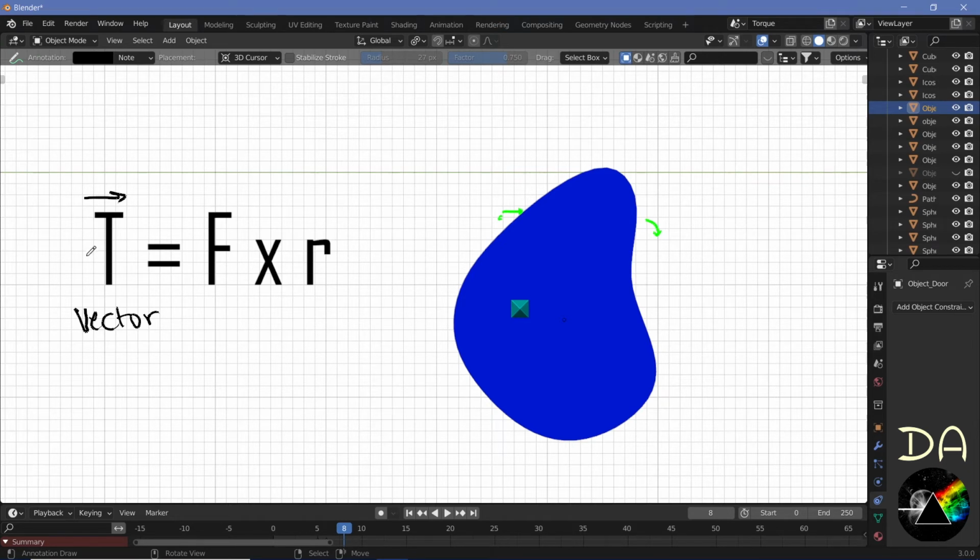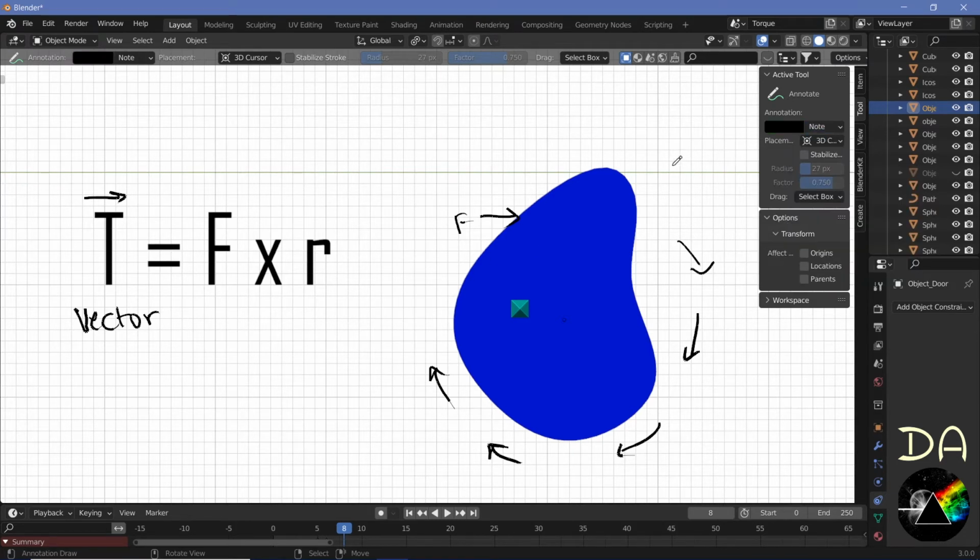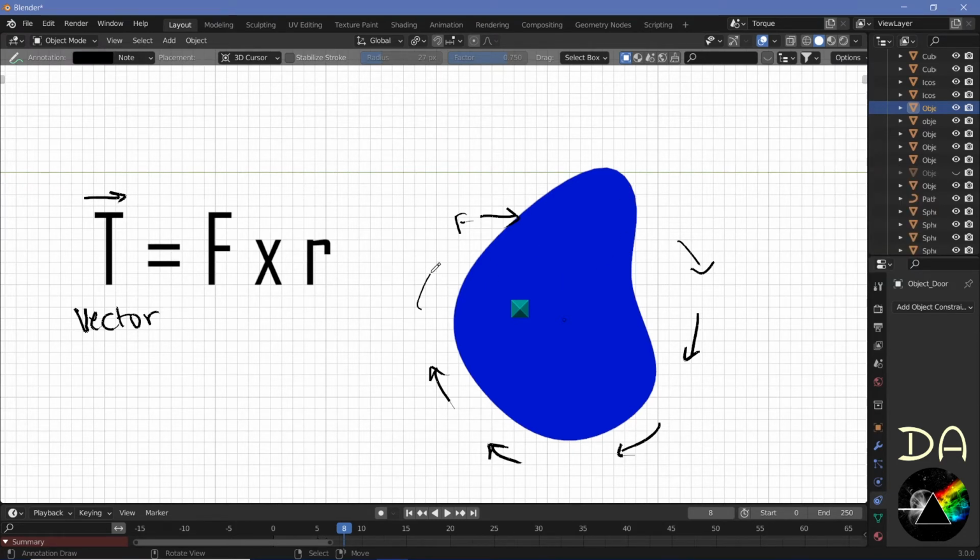So what is the direction of torque? Because whenever we were looking at it, the torque seems to be continuously changing direction. If we were to apply the force over here, then we'd notice that the entire object continues to turn.